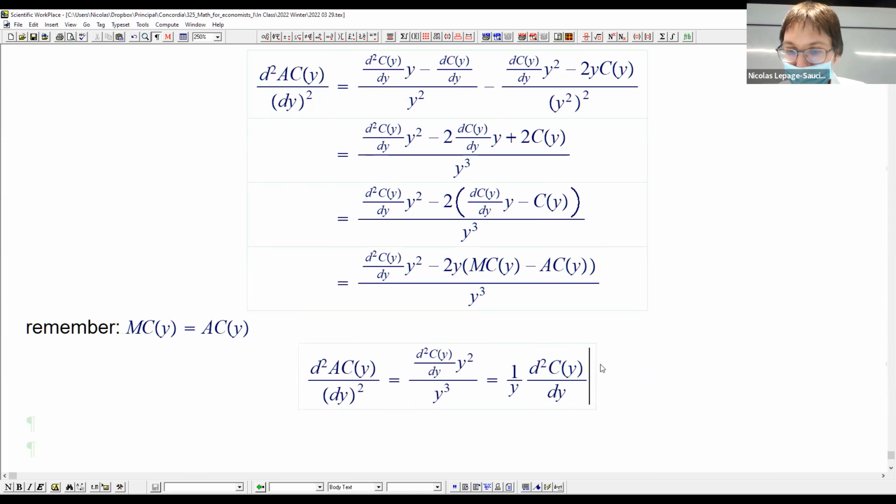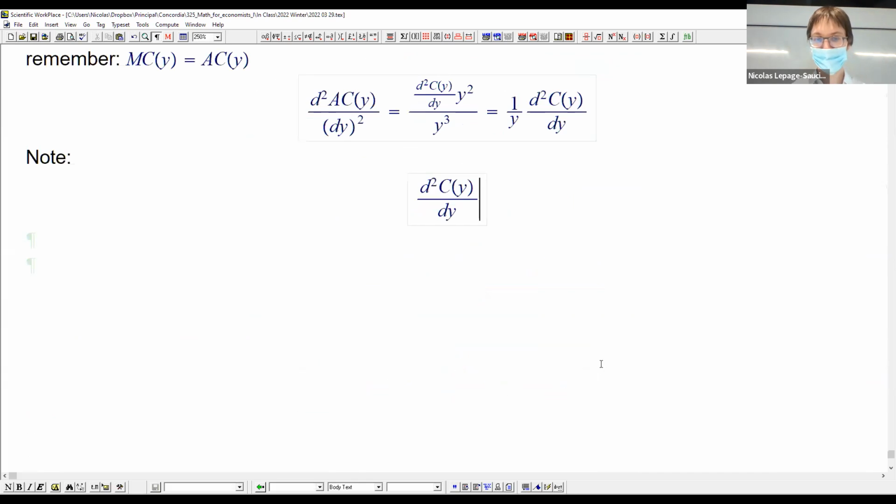And then what do I know? So what is this? This is the second derivative of the cost with respect to y.